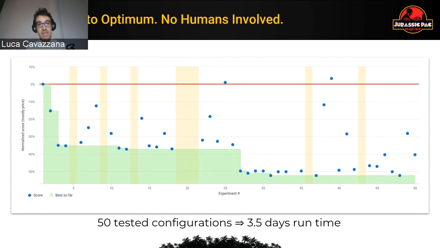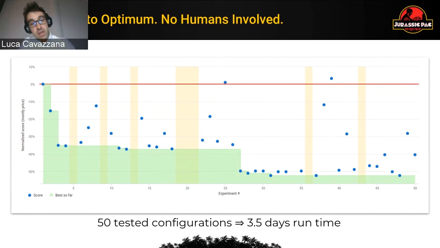And then this value was normalized by the value of the baseline, which you can see in red as a reference. The baseline cost metric is an estimated price of $1,400 a month. So that is the value that we're going to beat.